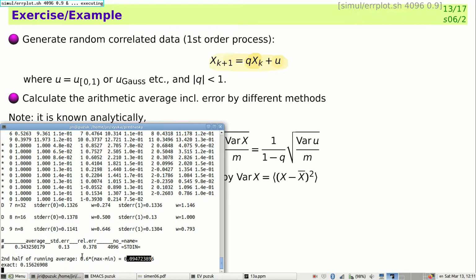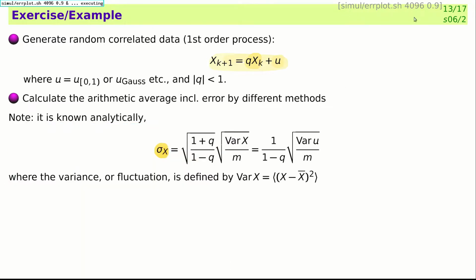And another method based on correlation coefficients gave a bit better value in this case. I should emphasize that this script always generates new data.